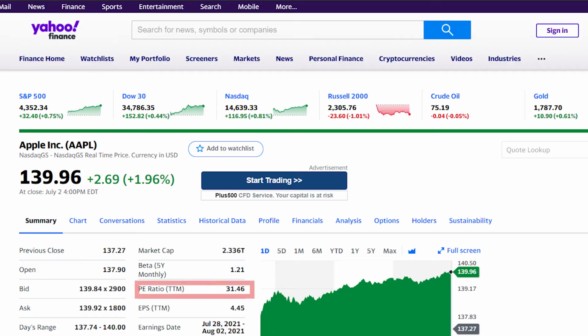Let's illustrate it using Apple as an example. Go to Yahoo Finance, Apple. You notice PE TTM of 31.45. It means Apple stock is trading at a price of 31.45 times its trailing 12-month profit.